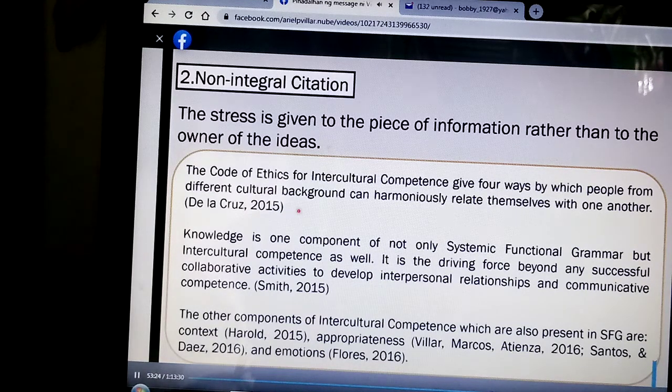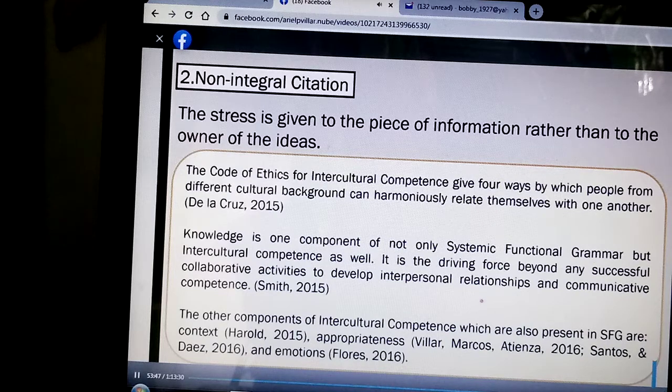Mamaya may papakita pa akong mga sample. If you're using and outside, pag nasa integral citation, nasa labas yung author, dalawa yung author, si Santos at si Daes, ang and na gagamitin mo dito ay nakaspelled as A-N-D.